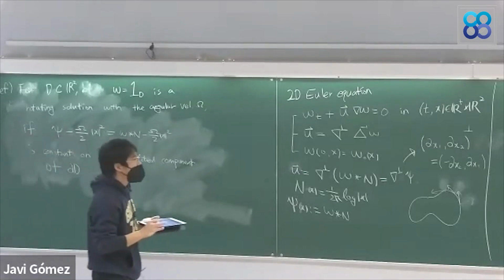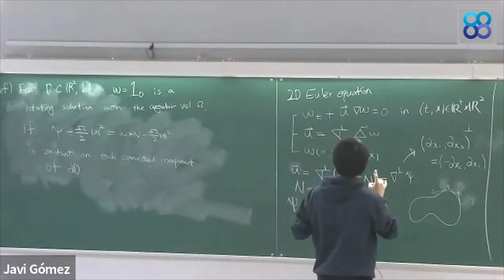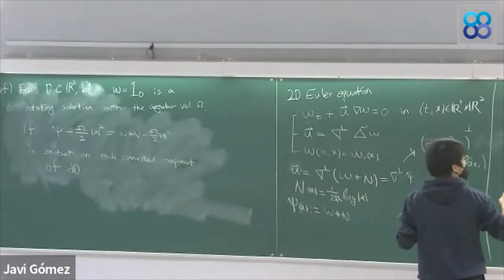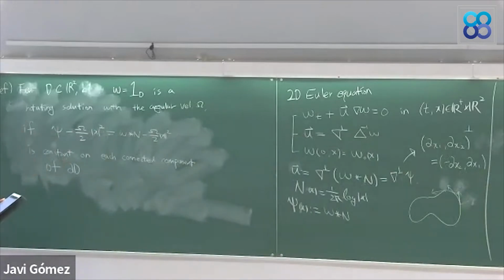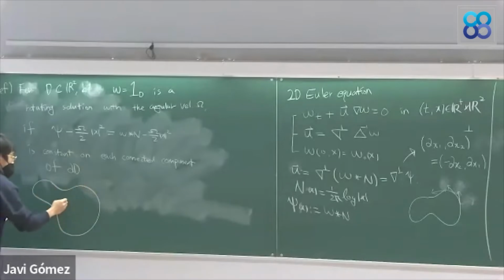So what's different between this more rigorous definition and the concept that I mentioned earlier is that there I was implicitly assuming that the patch is simply connected. If you consider non-simply connected patches, then you may have disconnected boundaries. For example, imagine your domain has a hole here. Then you have two disconnected components: one is the outer boundary, and the other is the inner one. Or if you want, you can add one more hole.